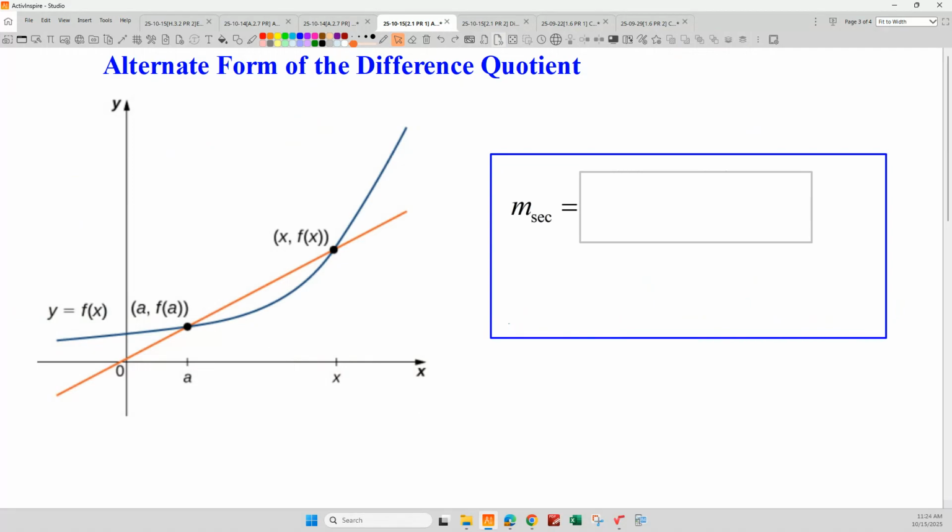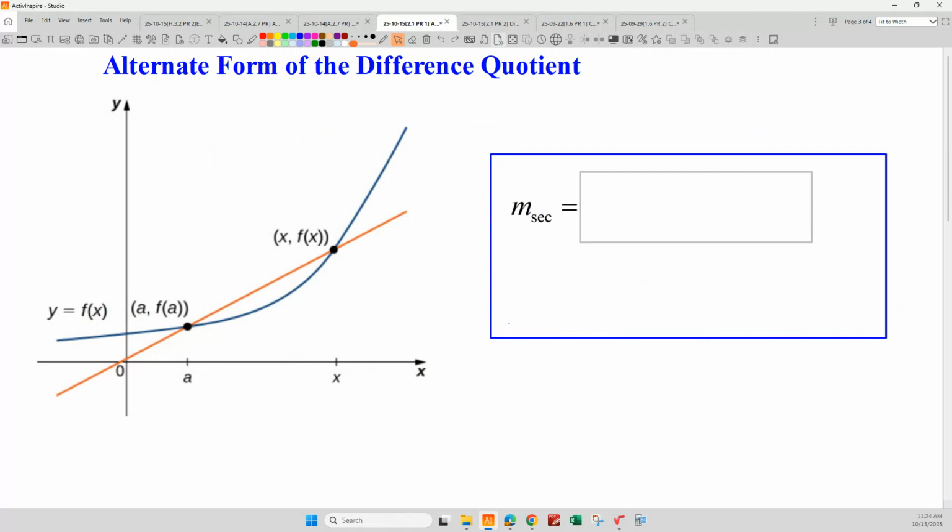This is kind of optional. You don't always see this, but I want to show it to you so you can see the logic behind it. There is an alternate form of the difference quotient, because all the difference quotient is just the quotient that defines the slope of a secant line.